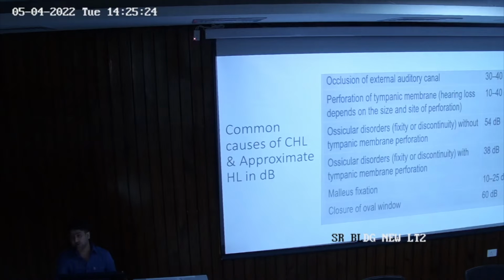So they both are separate pathologies. Perforation of the tympanic membrane does not mean that ossicular disorders are present, and otherwise also, if you have an intact tympanic membrane, you can also find ossicular discontinuity. Got it? So it can be up to 54 decibels.